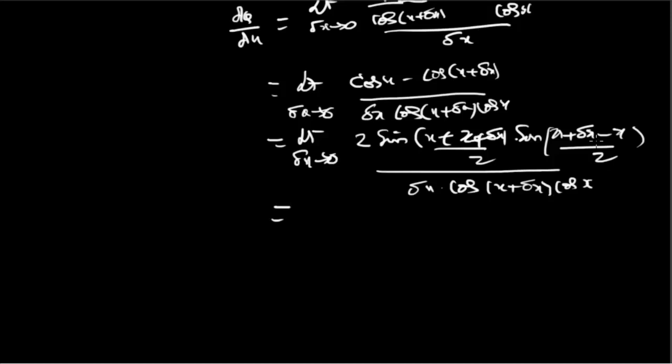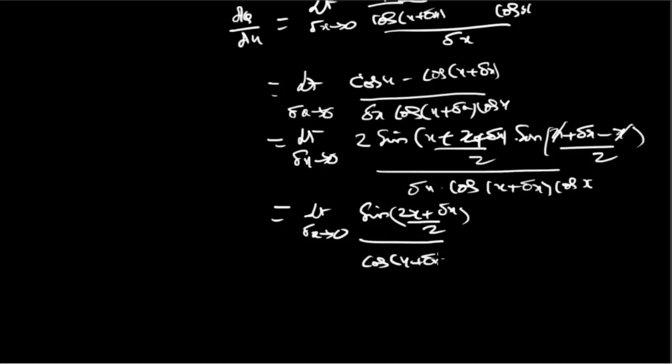So now here in the numerator, x and minus x cancel, sin of delta x by 2 remains. So what I write here first is equal to limit delta x tending to 0, sin of 2x plus delta x by 2, by the other things, that is cos of x plus delta x into cos x, into the remaining thing in a bracket, sin of delta x by 2 by this original delta x, which is already there in the denominator.